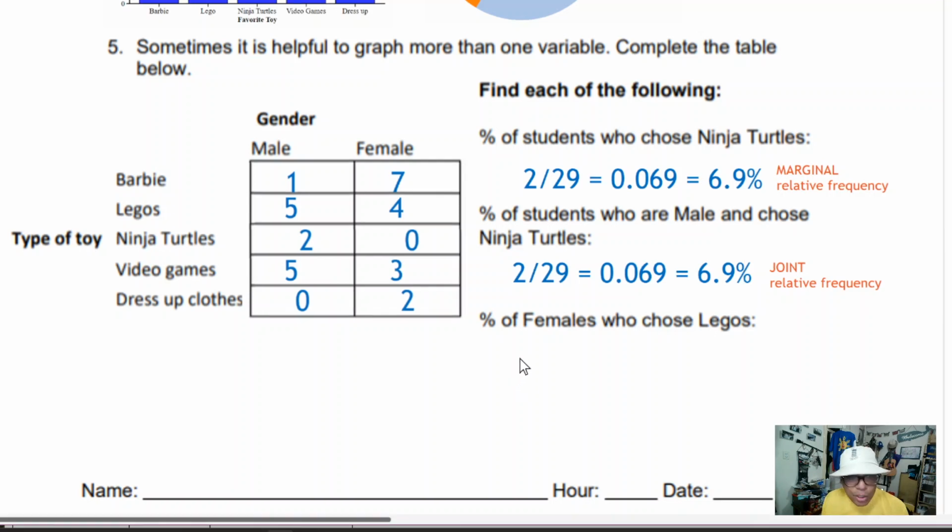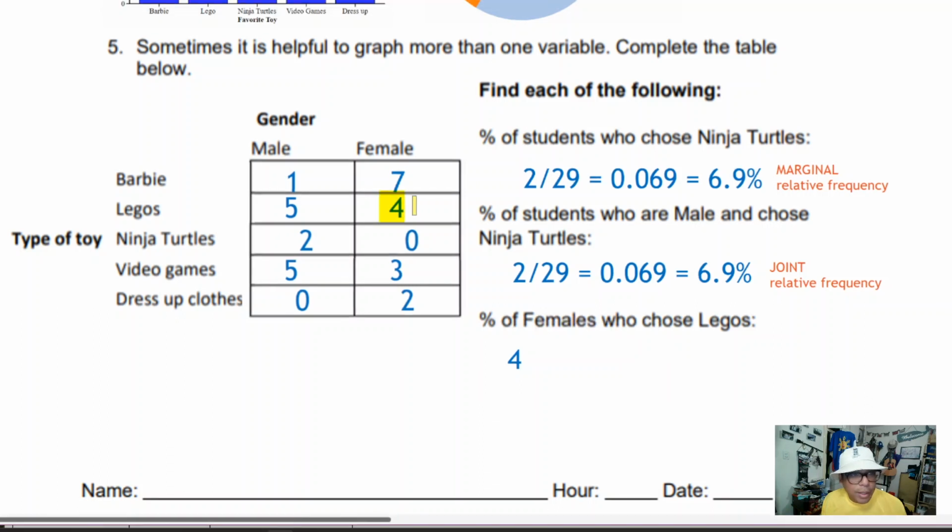And the last one we're going to do for this part is the percentage of females who chose Legos. Now notice how this one is different. Not the percentage of all students, the percentage of females that prefer Legos. Well, how many females preferred Legos or played with Legos? That was 4. That's just this number right here.